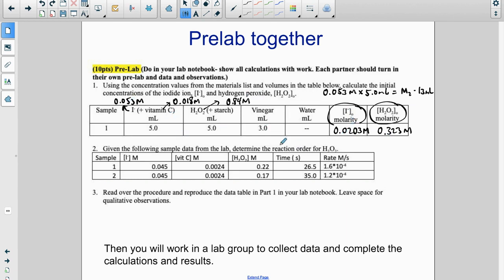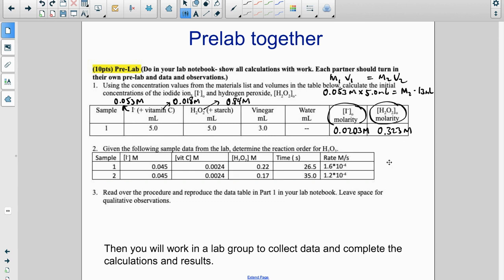So in order to get the diluted concentration of iodide, we take the initial concentration of iodide times the volume right here. Remember our M1V1 equals M2V2 equation. And we get our new diluted concentration once these three solutions are mixed together.